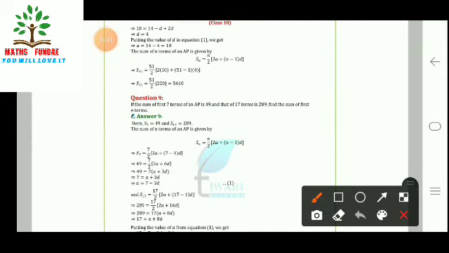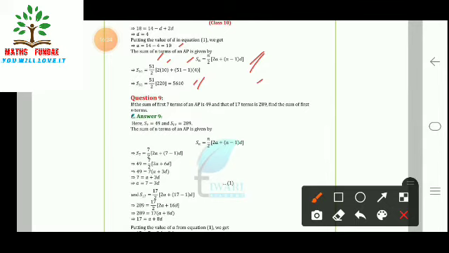So 18 is equal to 14 plus d. Using this substitution method, we are getting d is equal to 4 as a result. Then putting the value of d in the first equation, we are getting the value of a, which is equal to 10. Now a is known to us, d is known to us. So the sum of n terms, that is Sn, is equal to n upon 2 [2a plus (n minus 1)d]. Putting the values, n is equal to 51, so 51 upon 2 [2a plus 50d], which is equal to 5610.